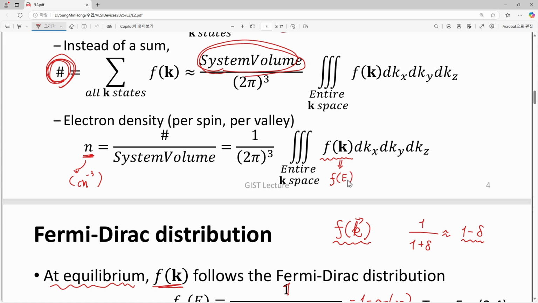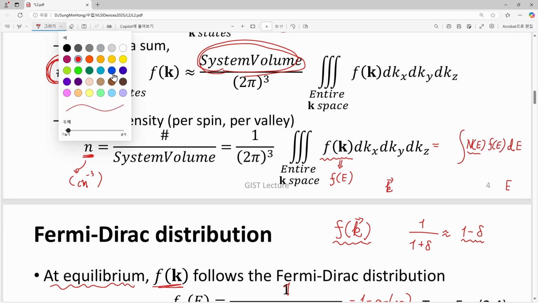Now you can understand it can be converted from this k-space integration to the energy space integration. And the conversion from k-space to the energy space involves the density of states. So simply speaking, this one can be converted into this form: N(E), this is the density of states, and f(E).